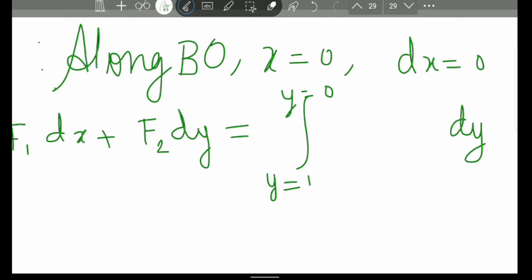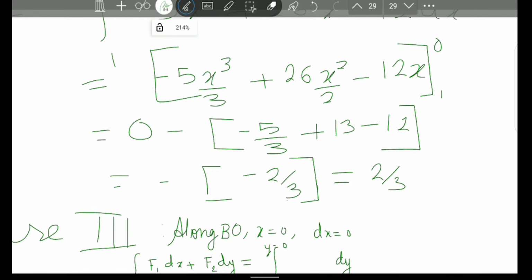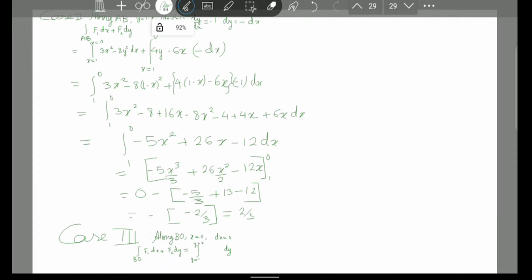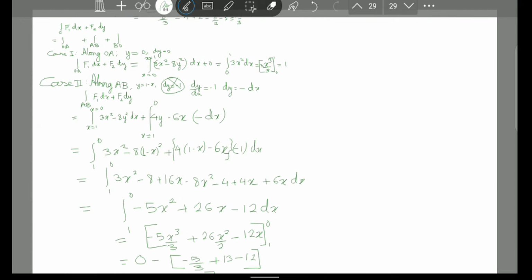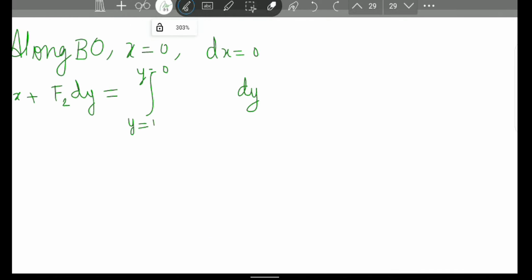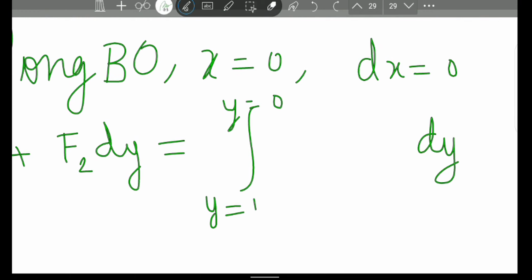What is our f2? We have f2 equal to 4y minus 6x.